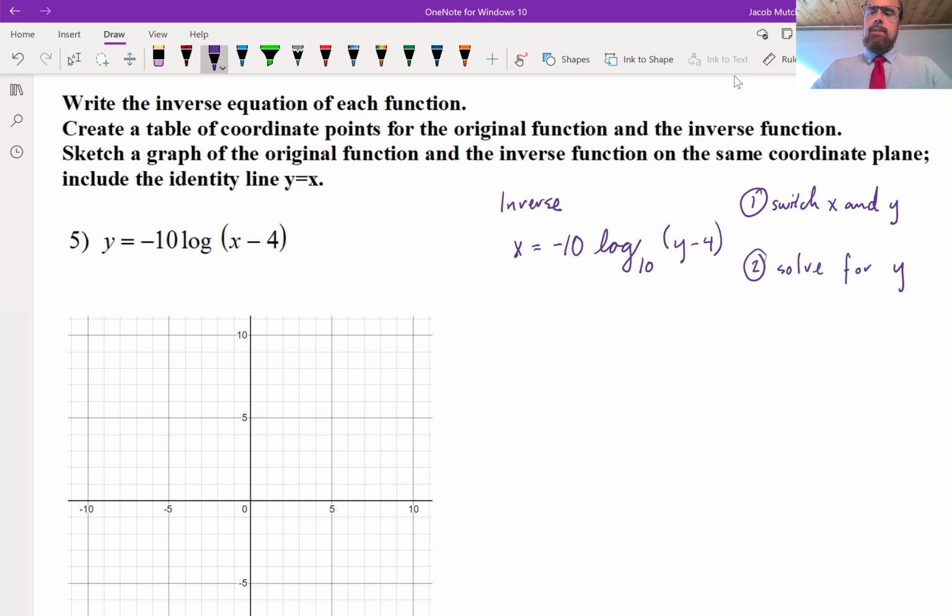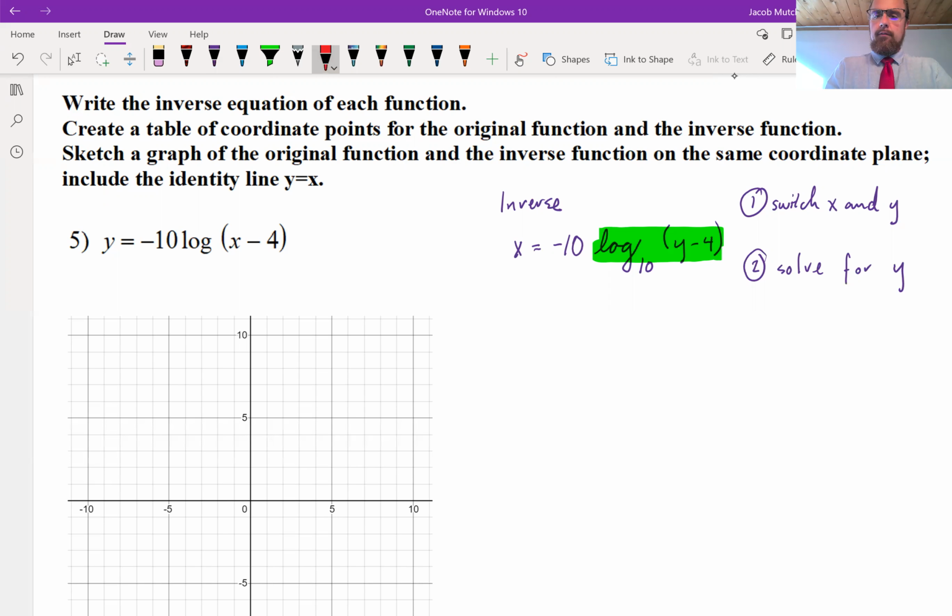Now, like we did with the exponentials, I need to get this to a form where I can make a translation using my key that would go between an exponential and a logarithm. So what I really need to isolate is that log base of the argument. What I need to move in this equation is the -10.